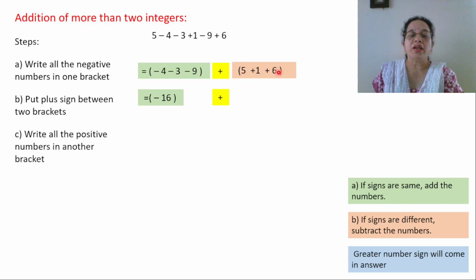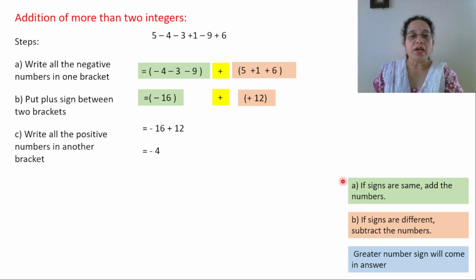Now in this bracket again signs are same, add the numbers, 5 plus 1 is 6, 6 plus 6 is 12, greater number sign will come in the answer, plus 12. Now -16 plus 12, signs are different, subtract the numbers, the answer is 4, greater number sign will come in the answer, so the answer will be -4.